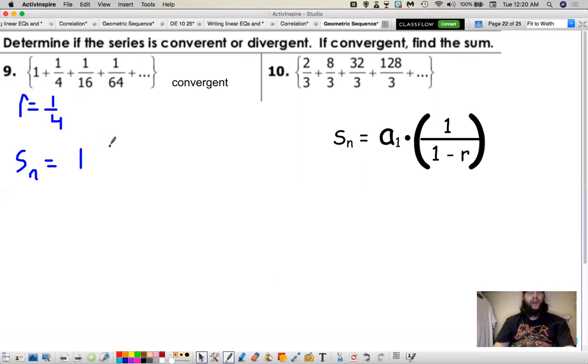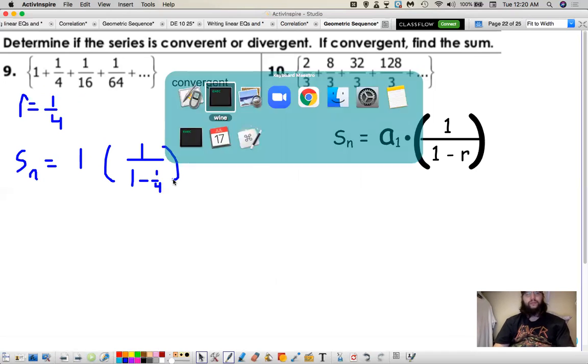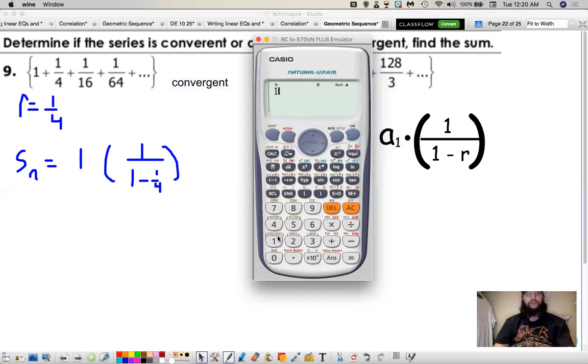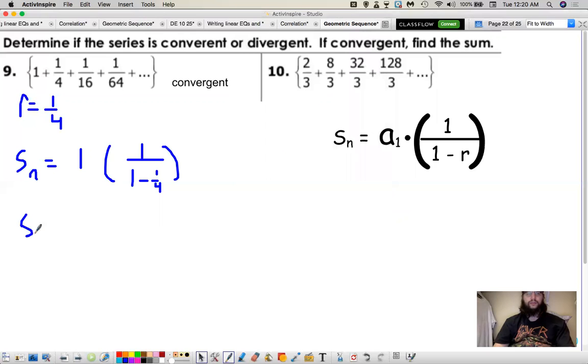A1 is 1. 1 minus a fourth. And that gives us 4/3. So as we add all these numbers up to infinity, it'll get closer and closer to 4/3. All right.